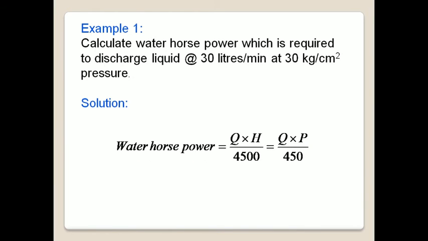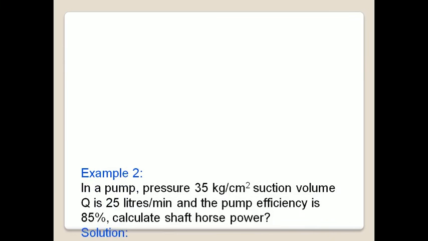Water horsepower can be calculated by the formula Q multiplied by H divided by 4500 or Q multiplied by P divided by 450. In that, Q discharge rate is 30 liters per minute and the pressure P is 30 kg per centimeter square, divided by 450. So water horsepower will be 2.